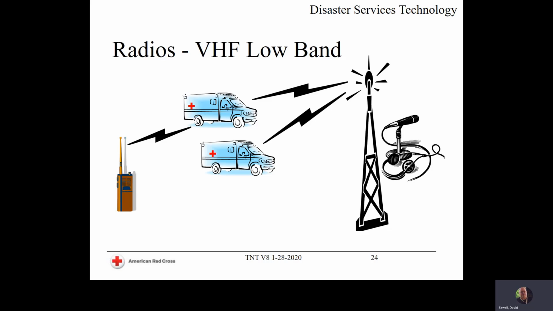If you have hills or mountains or lots of buildings, you're going to have to figure out a way to relay signals. Doesn't mean we're going to deploy a repeater in the area, but in the example of being in a valley between hills, you could put an ERV, emergency response vehicle, on top of a hill, and they can relay messages to the other side.